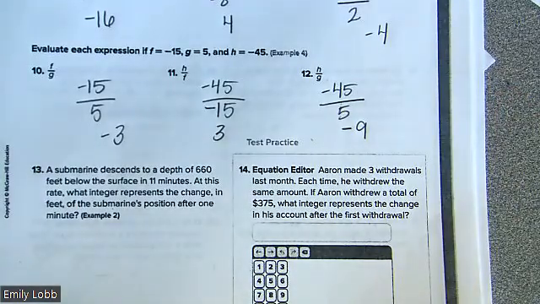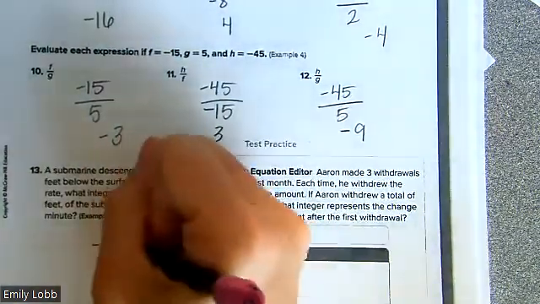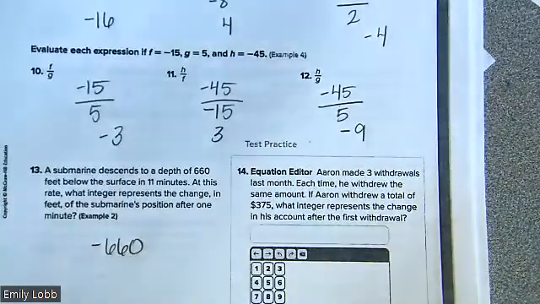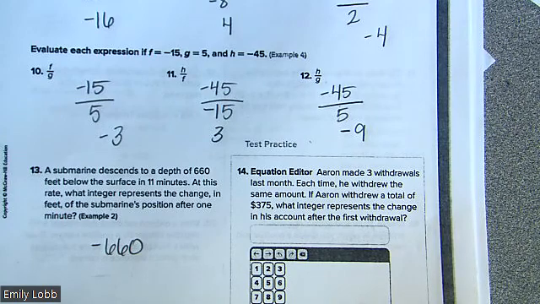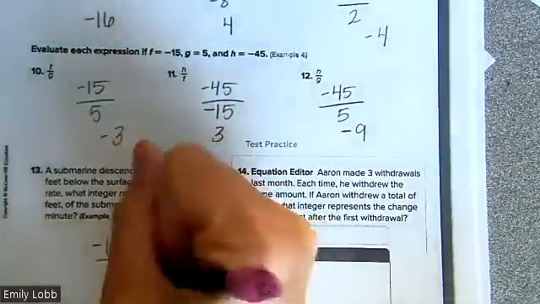Never mind. A submarine descends to a depth. It's descending, so it is negative 660 feet below the surface in 11 minutes. This is asking us the change in feet position after 1 minute. So what are we dividing this by? 11.